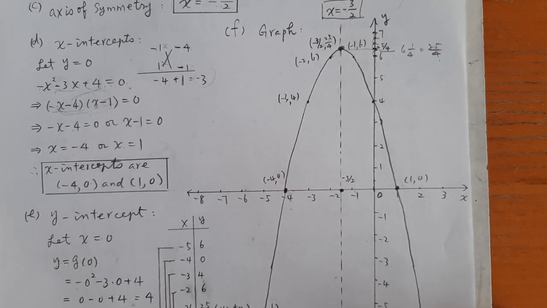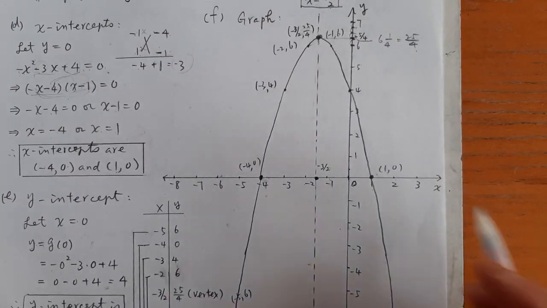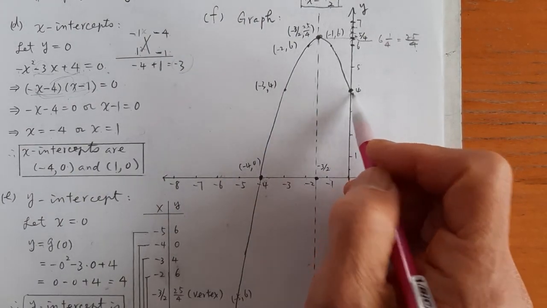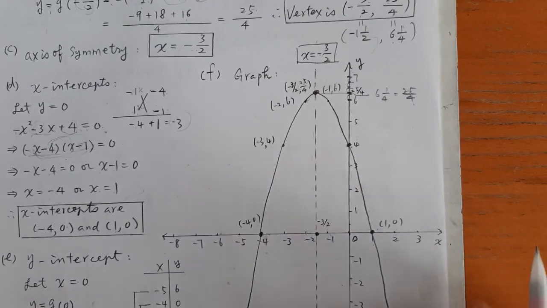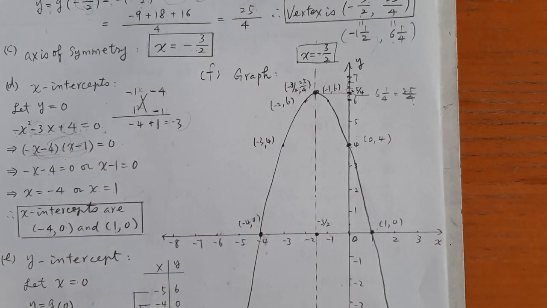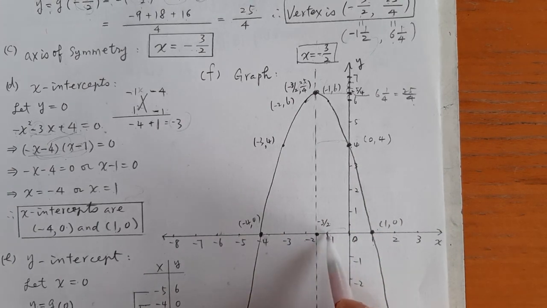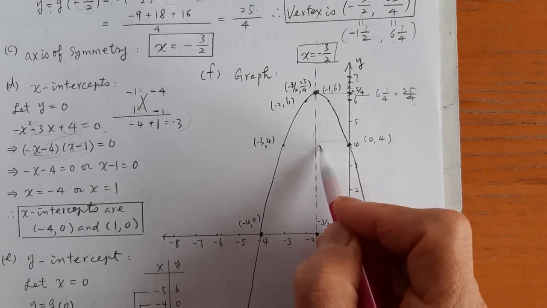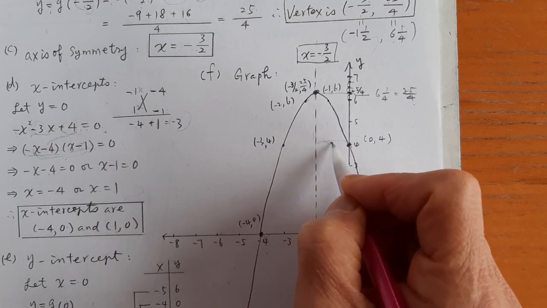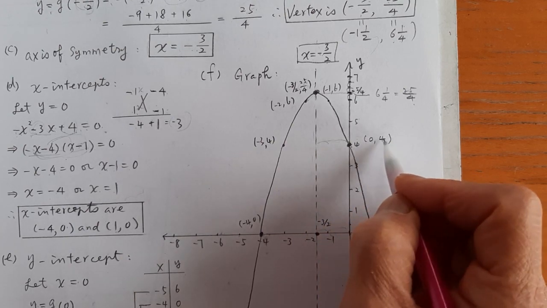And the y-intercept is (0, 4). So on the y-axis, this point is (0, 4). Now you can use symmetry. It is 1 and a half units from the axis of symmetry to the y-axis.